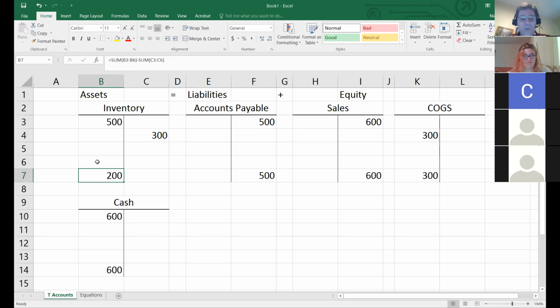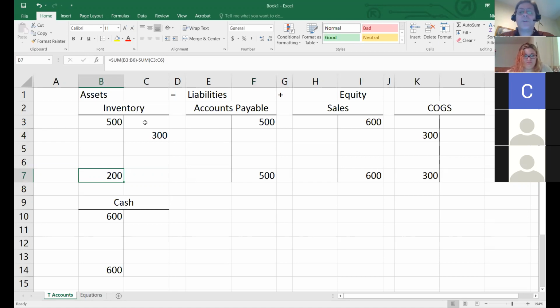And with a perpetual system, if you have a question about what should be affected, the answer is almost always it has to end up in inventory. For instance, let's say we get a discount on this inventory we bought.